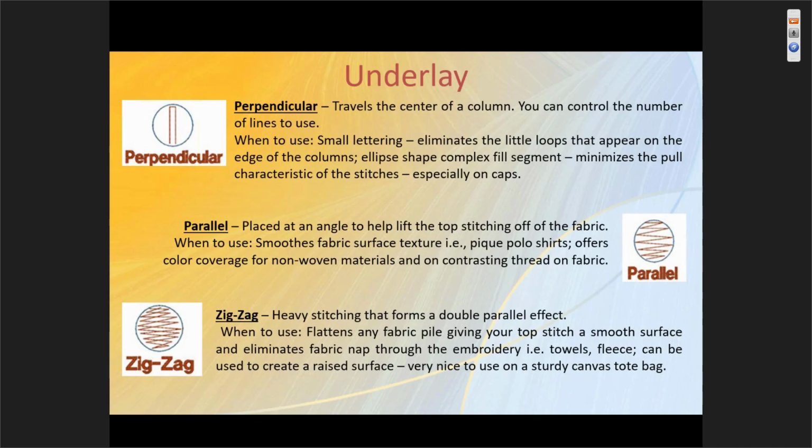That's considered the nap of the fabric, and you're trying to flatten that so when the stitches go on, they're not trying to peek through. You don't want those loops of your towel to peek through the top of your embroidery. So that zigzag is trapping all of that underneath, giving you a nice smooth surface to sew on.